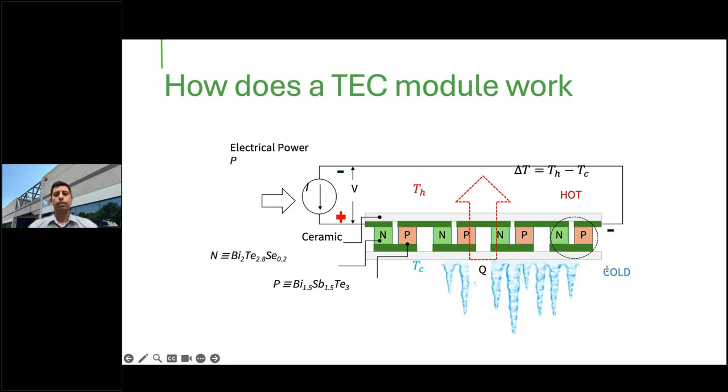A TEC module works with, first, as a baseline, two types of semiconductor elements commonly arranged in series. The right materials are first doped for an enhanced Seebeck coefficient. Then these legs are sandwiched between two ceramics, usually made of aluminum oxide or aluminum nitride.